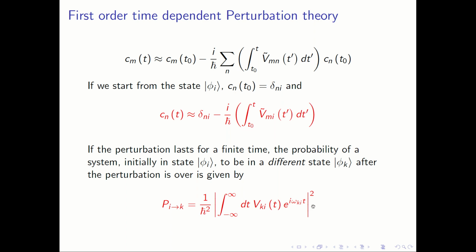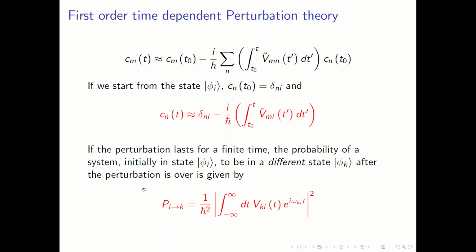Now you might say the integration should really be from t0 to t, or from when the perturbation started to when the perturbation ended, and you would be right. But since v ki(t) is non-zero only over a finite interval of time, it does not matter if you take the integration interval to be that finite interval of time, or extend it all the way from minus infinity to plus infinity.